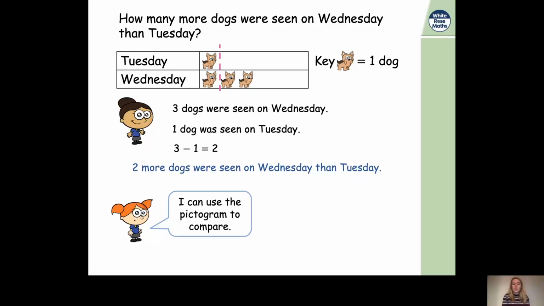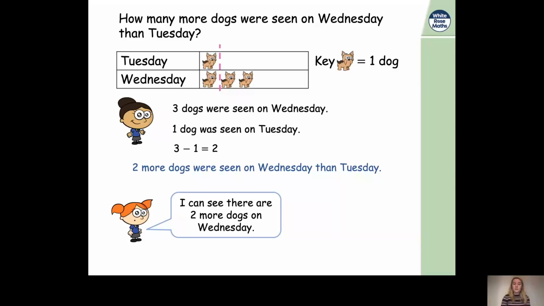So there you go. Can you see there are 2 dogs on the other side of the line? So therefore, there were 2 more dogs seen on Wednesday than on Tuesday. Okay, and that's what she says.